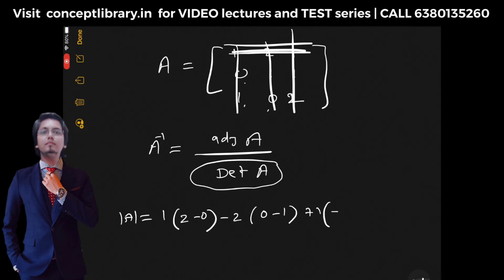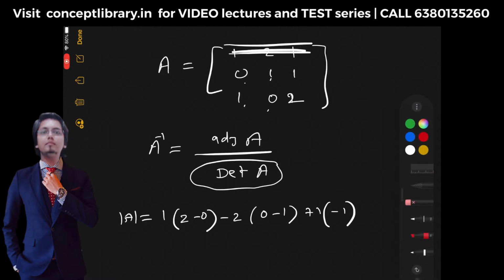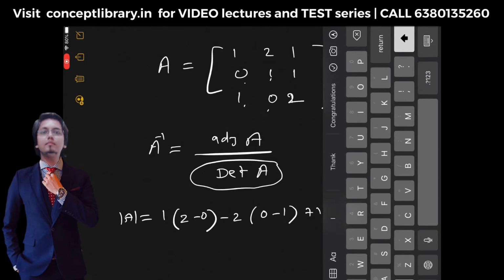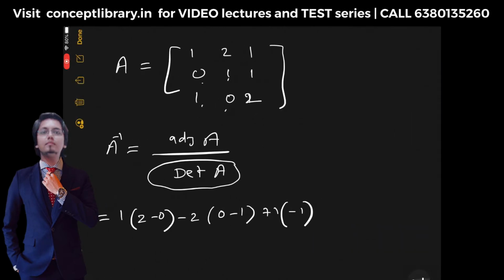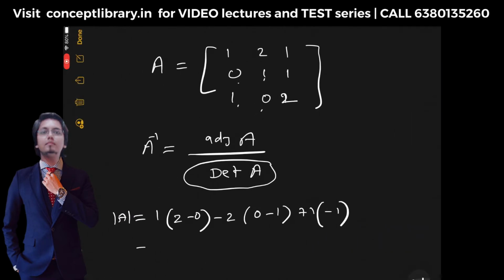So we got minus 1 again, and let's remove all these lines, so it will be okay, done. Let's solve this. Here we go, 2 minus plus 2 and minus 1, if I'm not wrong, and if I'm doing any calculation mistake, sorry for that in advance. So here we got 3, we got our det A value.